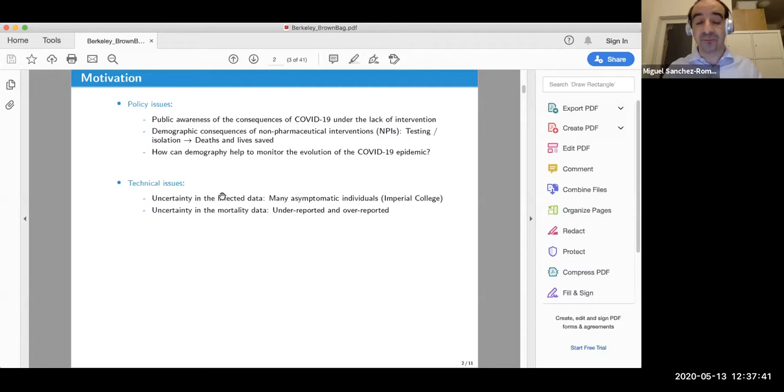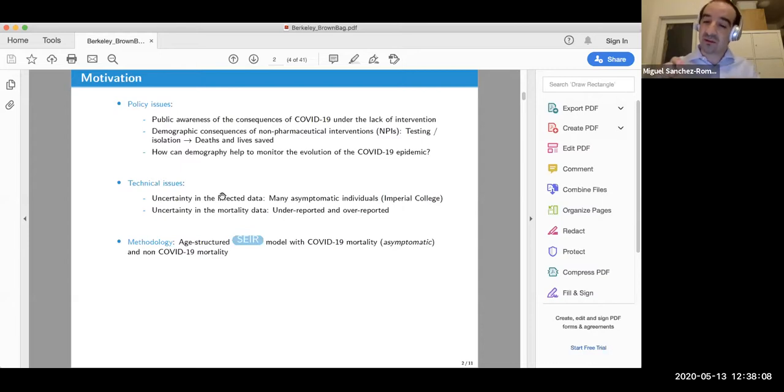And what we have to face here is that there is also a huge uncertainty in the mortality data. So we know that there is huge underreporting, but there is probably also over-reporting, in cases like those reported in the country of Belgium.